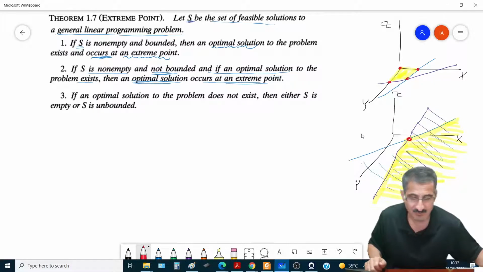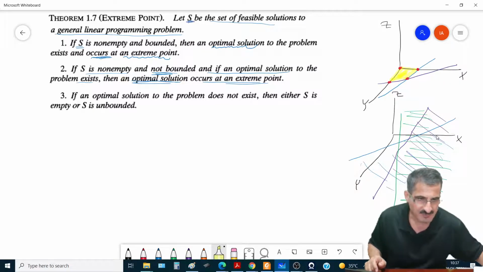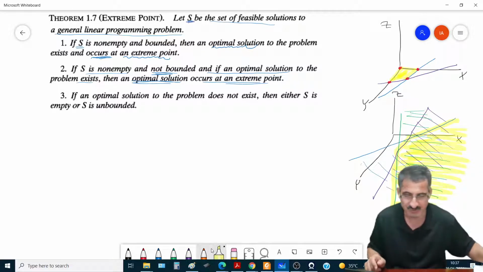Let me make it more general and add one more line. Maybe we have another line going like that, and this is the closed half space. Now our set will be the intersection. Here we go, this point, and then this point, and again we have an unbounded convex set of feasible solutions.